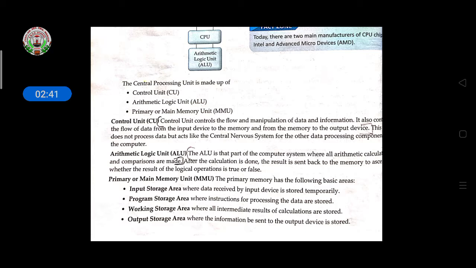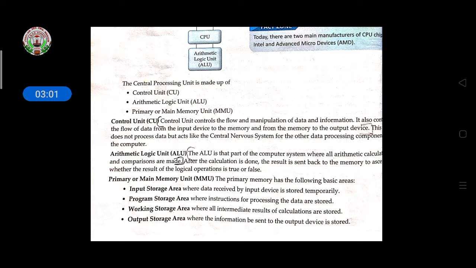It also controls the flow of data from the input device to the memory and from the memory to the output device. This unit does not process the data but acts like the central nervous system of the data processing components of the computer.